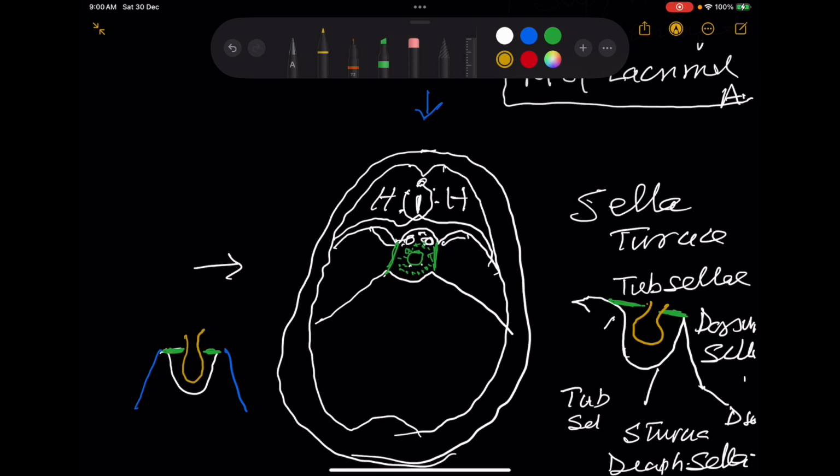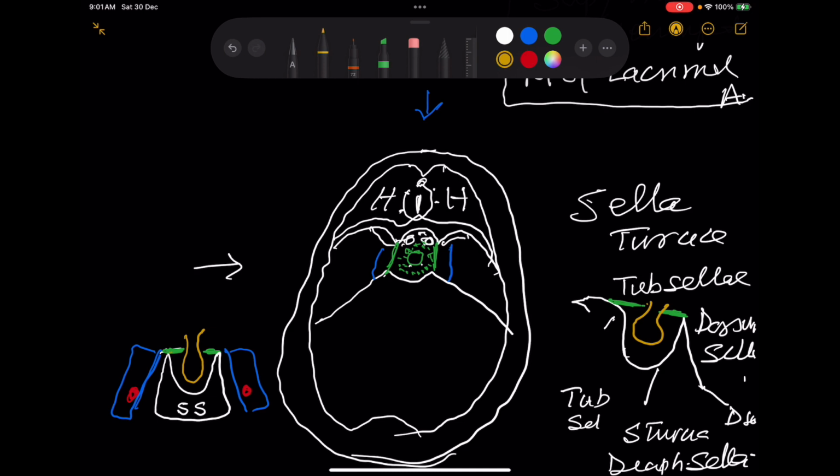On each side of this bone, which is the body of the sphenoid and forms the sphenoidal sinus, you have the cavernous sinus. So you have the cavernous sinus here. And in the cavernous sinus, there lies the internal carotid artery.